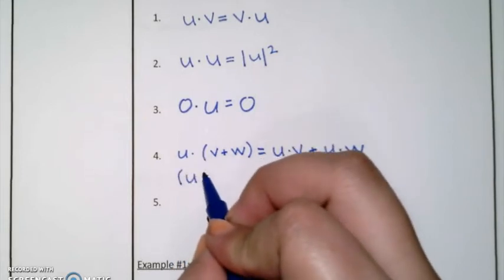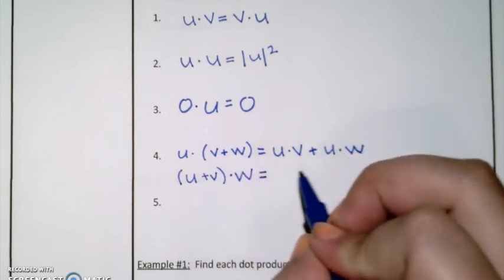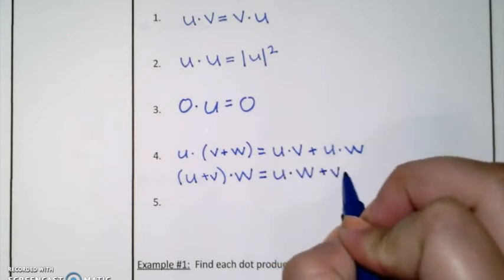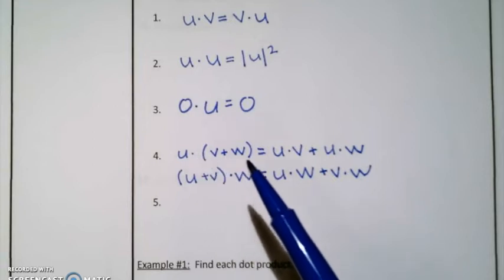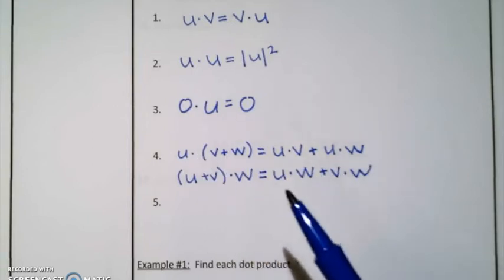So u plus v dot w is also equivalent to u dot w plus v dot w. This might remind you of the distributive property of multiplication. However, recall that these are vectors, and then what you end up with on this side are scalars.